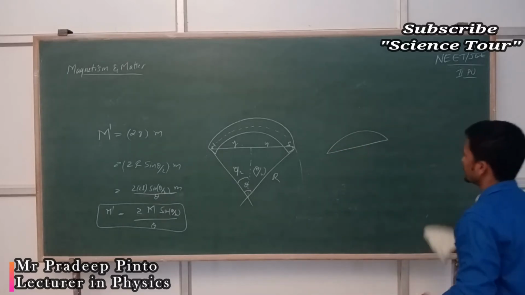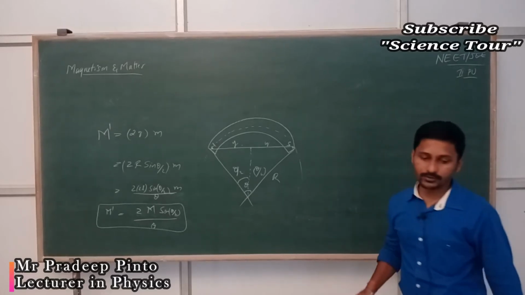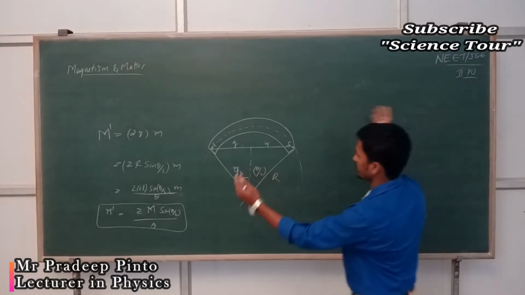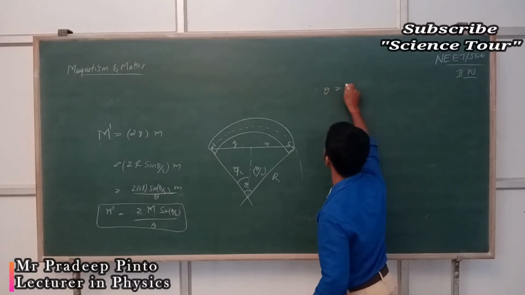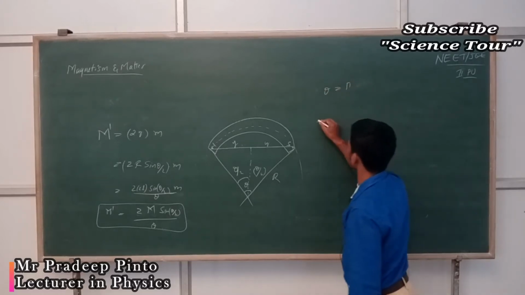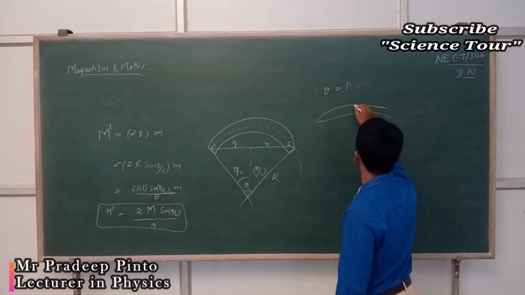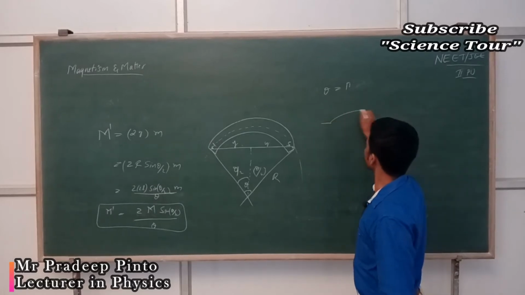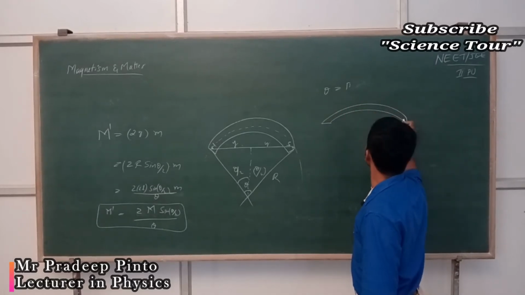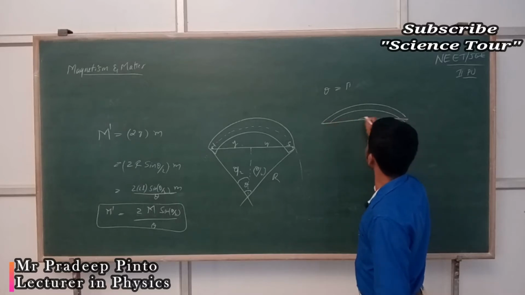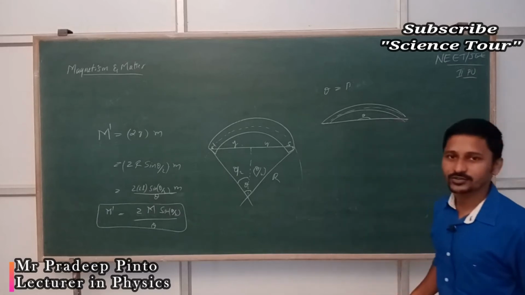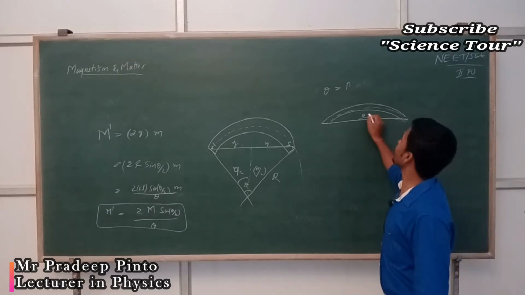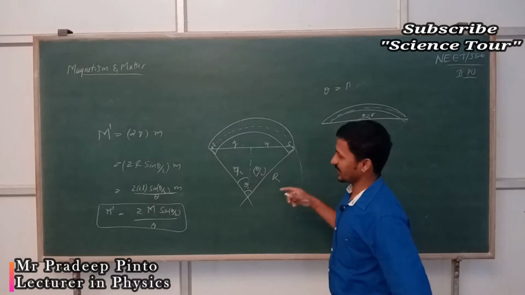That kind of situation. Suppose I am going to stretch it in such a way that theta is equal to pi, some angle theta. Then what is going to happen? Theta is equal to pi. Substitute pi there.